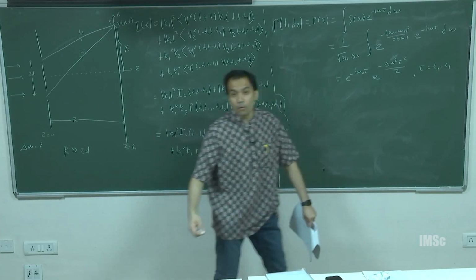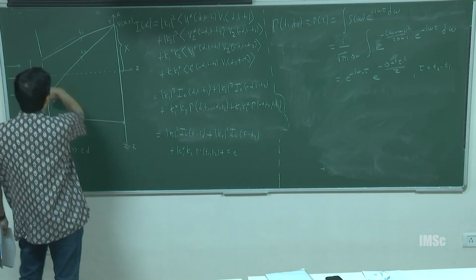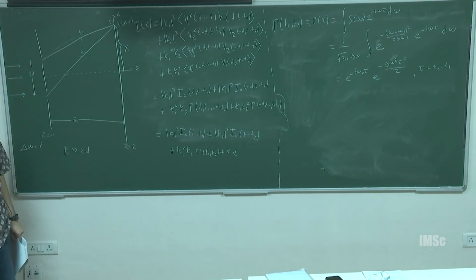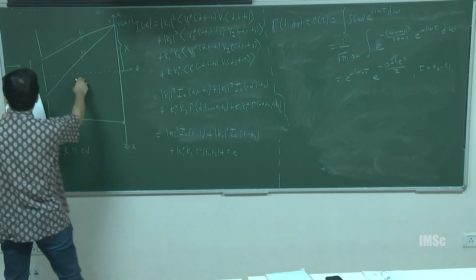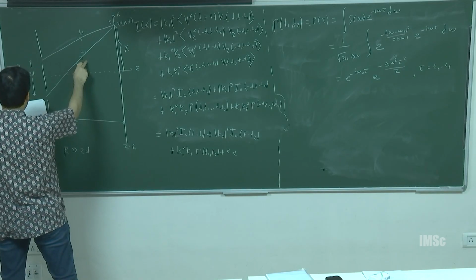When I say we need to know what tau is, what is tau in terms of all these parameters, d, r, and so on and so forth. So what do we do? Let us look at the schematic. So take T2.